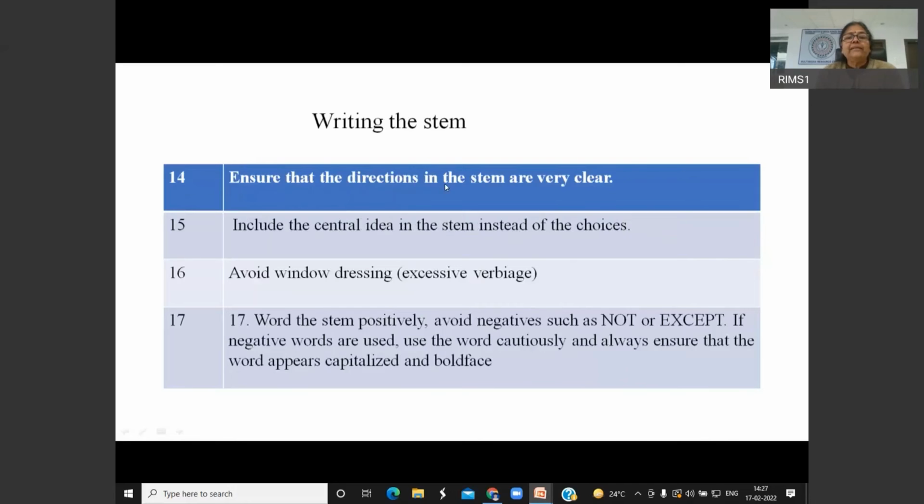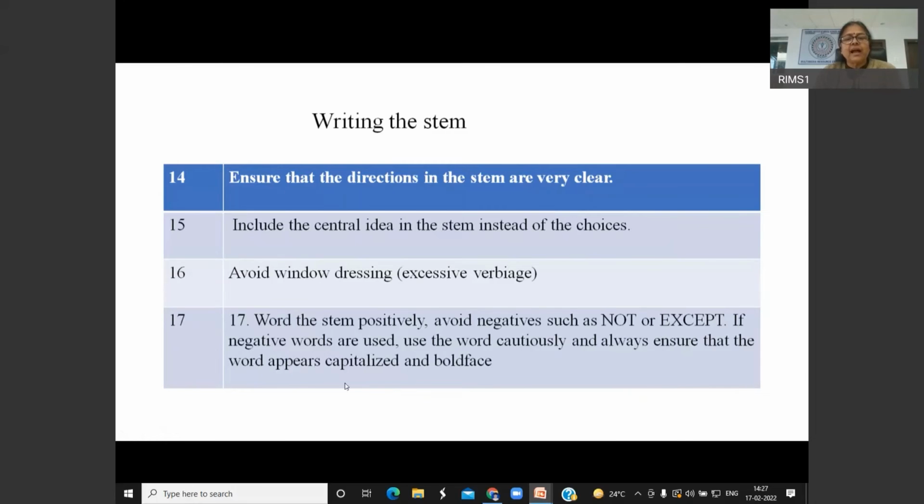Then ensure that the directions in the stem are very clear, in which direction the questions are being asked. That should be very specific. Then include the central idea in the stem instead of the choices. This will be very clear when we do the next session in practice, how we are writing. And there we will see that all the information, all the inputs, are given in the stem only.